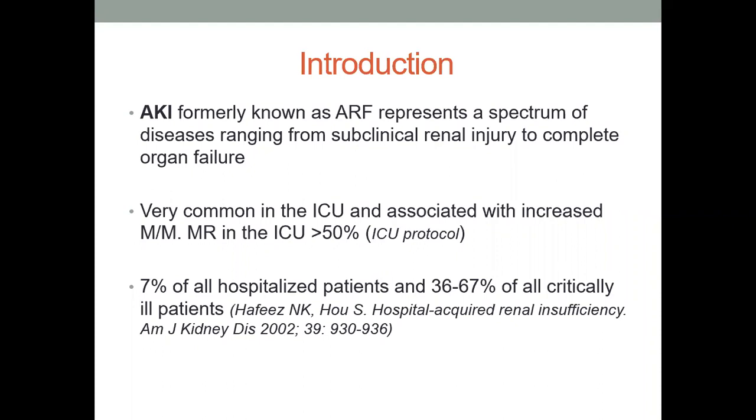Outside of the ICU, 7% of all hospitalized patients have a clinical diagnosis of acute kidney injury, while 36 to 67% of all patients admitted into the ICU will have clinical features of acute kidney injury. Now, this is to underscore the importance of this disease entity, and it's also very important for us to understand the pathogenesis, the causes, and how to tackle it in the ICU.